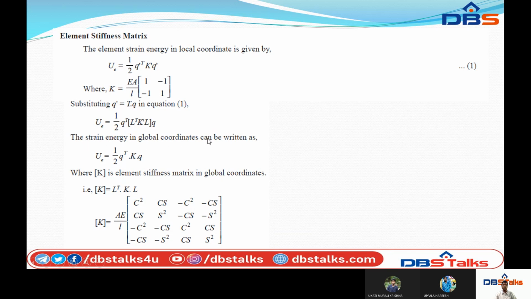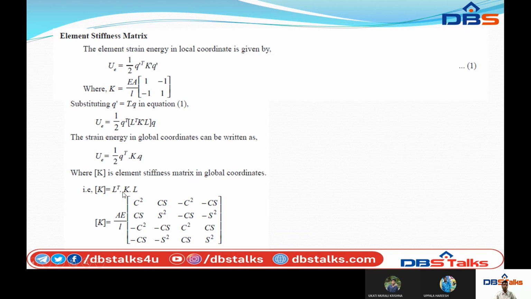The strain energy in global coordinates can be written as U suffix E equal to half Q transpose K Q, where K is the element stiffness matrix in global coordinates. K equals L transpose K dash L, where L is the transformation matrix.